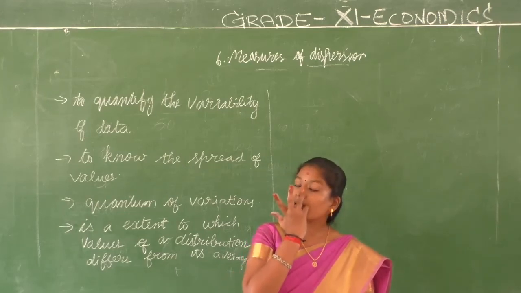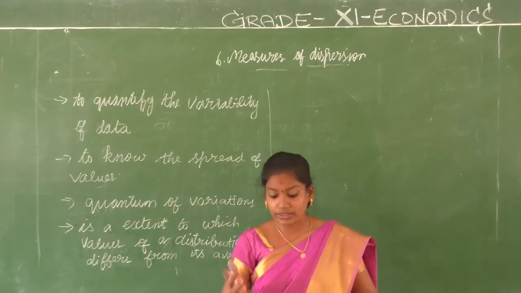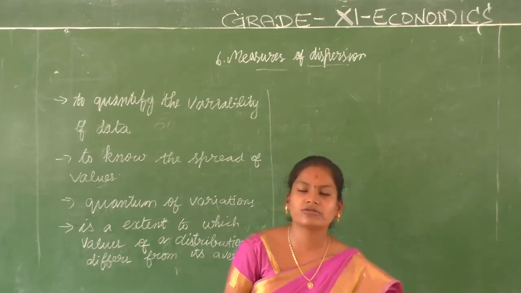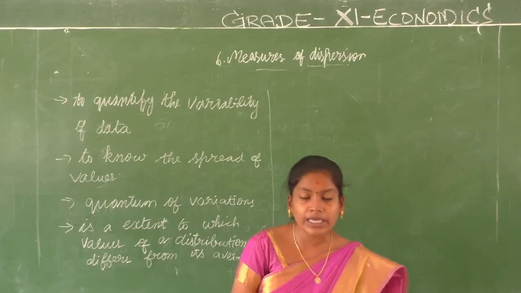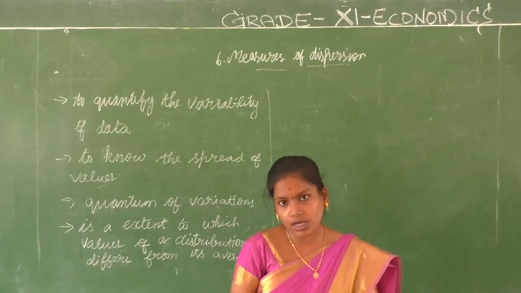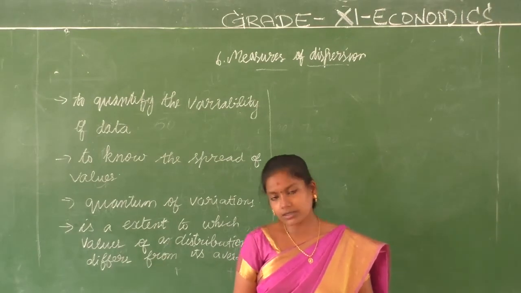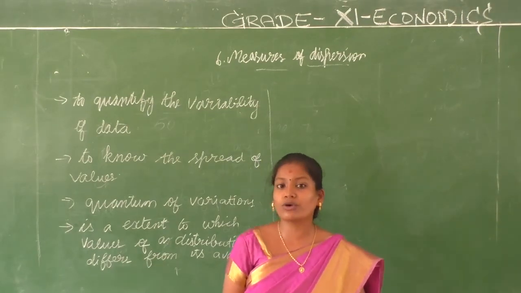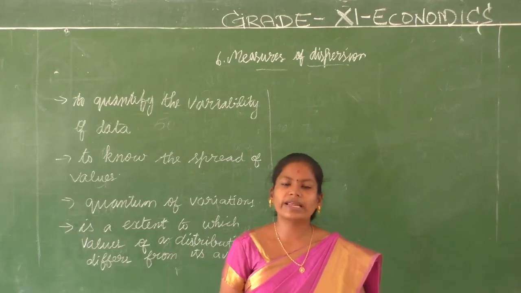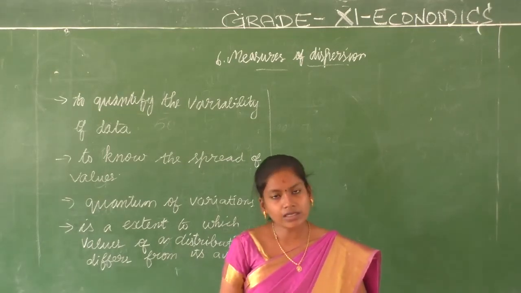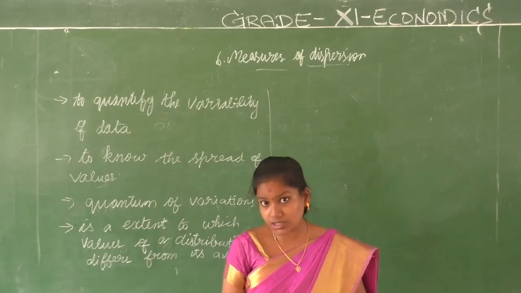So that is why what are we going to do? We are just going to use various techniques, just like how in measures of central tendency we had arithmetic mean, median and mode. Similarly, here we are going to have certain measures which we are going to discuss. Unfortunately, some of these are in deleted portions, but still I am going to teach it.